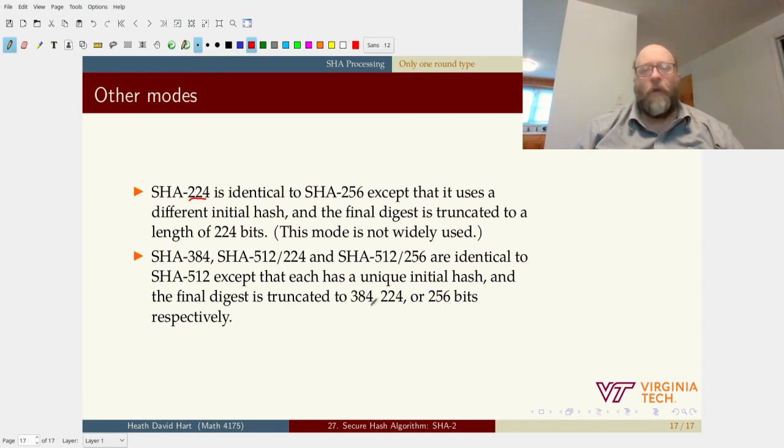And so we get the advantage of the more rounds of encryption and the possibly longer input size, but we can get these advantages with a smaller digest size. So, like I said, none of these modes have been broken yet, but these are by far the two most widely used modes. Okay?